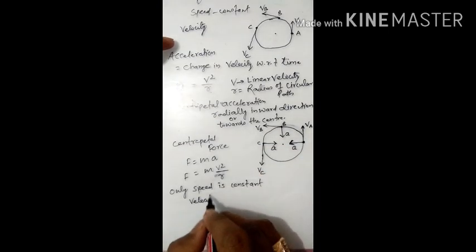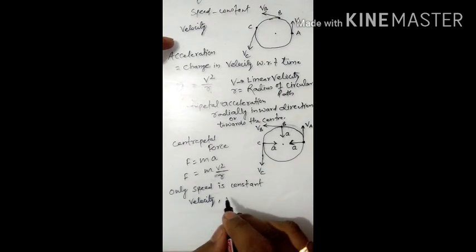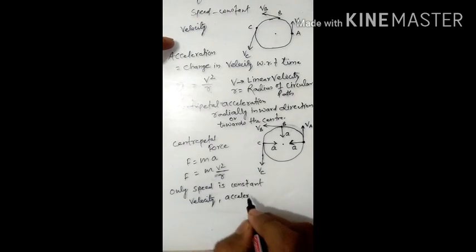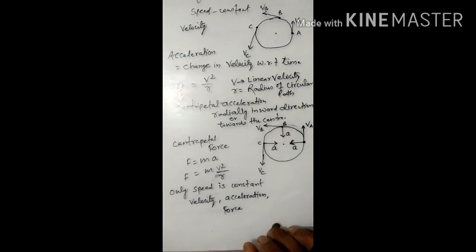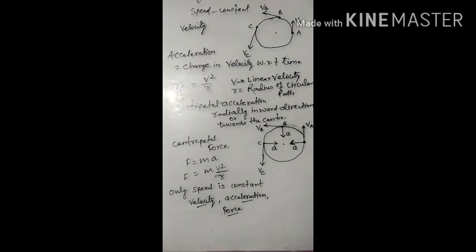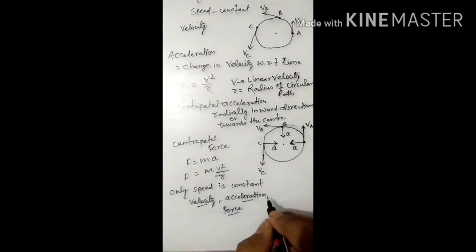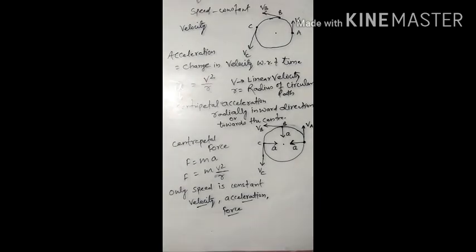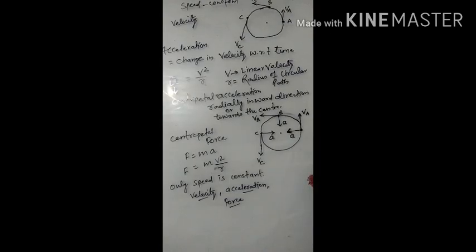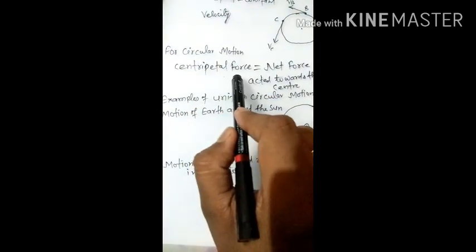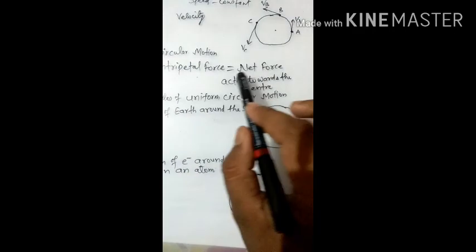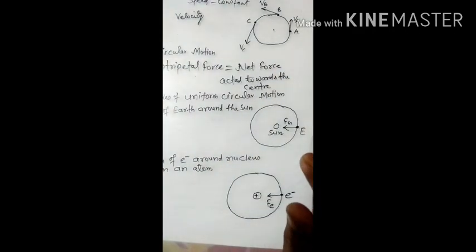Therefore velocity, acceleration and force are not constant, because these three are vector quantities. They depend on the direction of the motion of the object. For circular motion, centripetal force will always be equal to the net force acting towards the center.